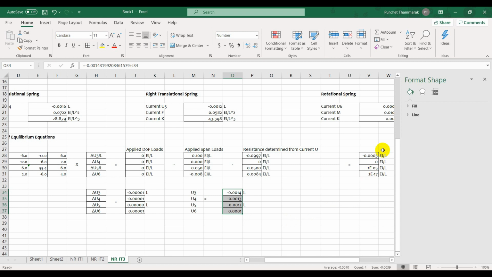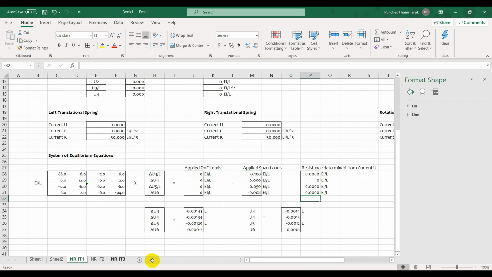So you can consider this. This is the right hand side. No. This is the residual. Okay, the total residual you have, which is the difference between external force and internal force now.